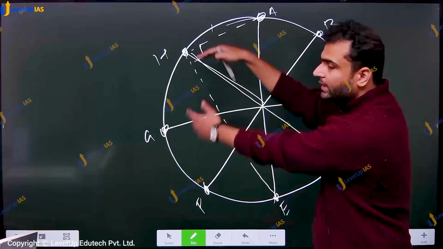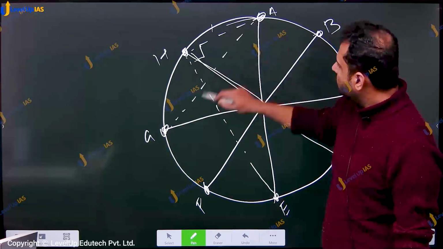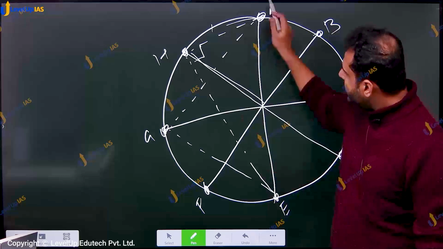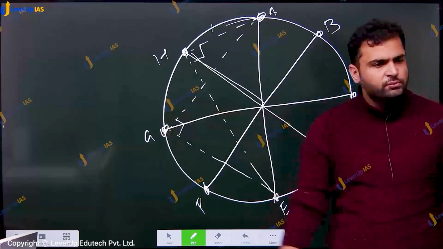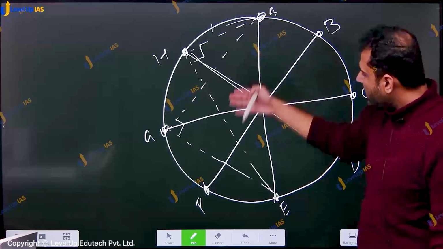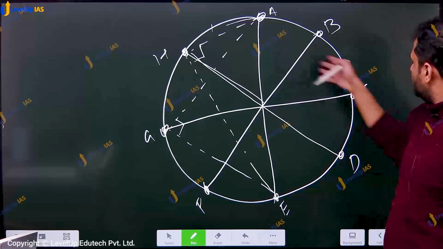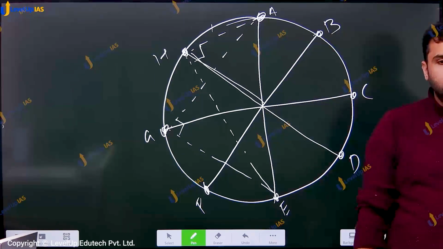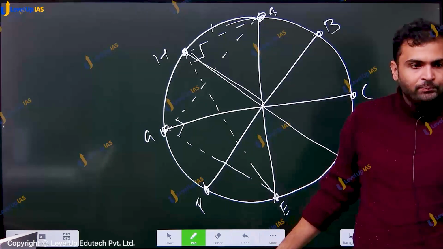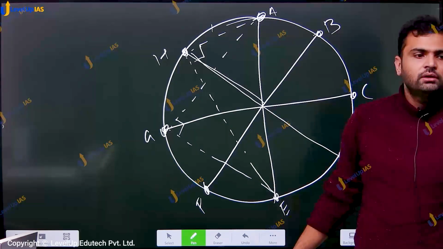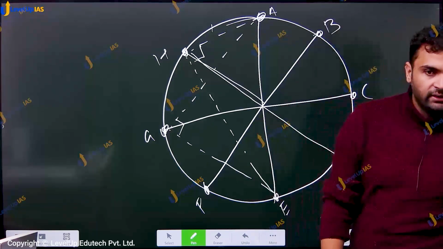Also AGE is 90 degree. Why? Again, this is a diameter, this is a point on circumference. Similarly, AFE is 90 degree, ABE is 90, ACE is 90, ADE is 90. So it doesn't matter which point I choose out of the remaining 6. I will always get a right angle triangle.